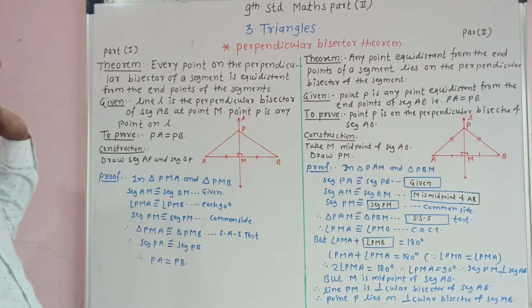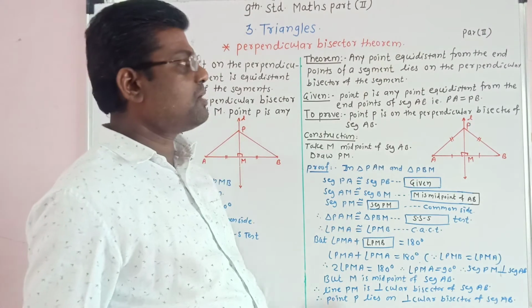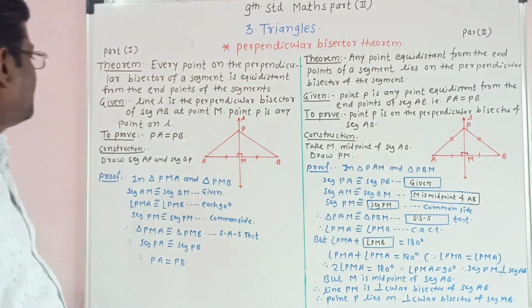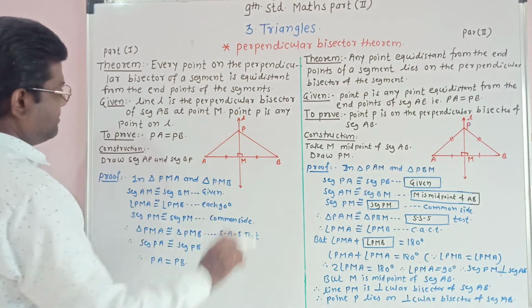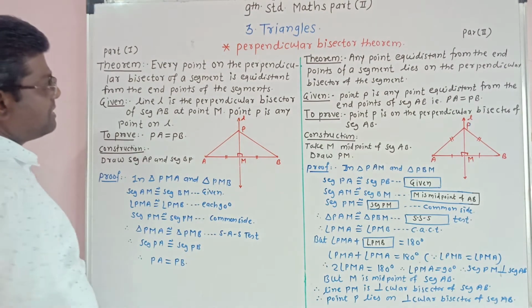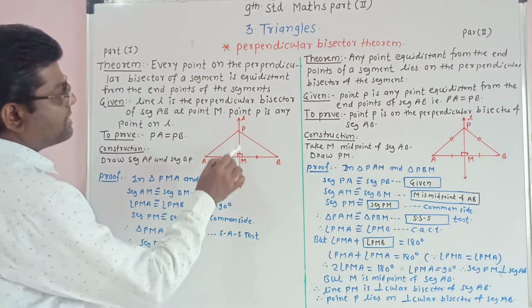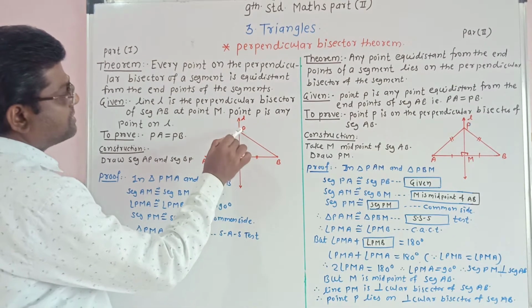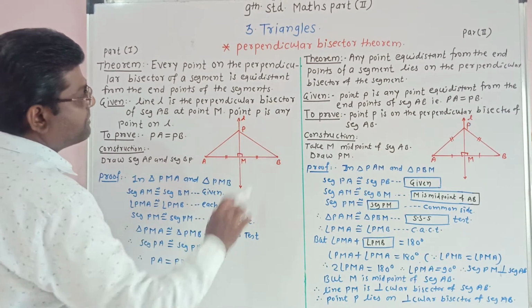It is given in part first, and in part second its converse is given. Now we have to prove that PA is equal to PB. Draw segment AP and segment BP. Now here are two triangles, triangle PMA and triangle PMB.